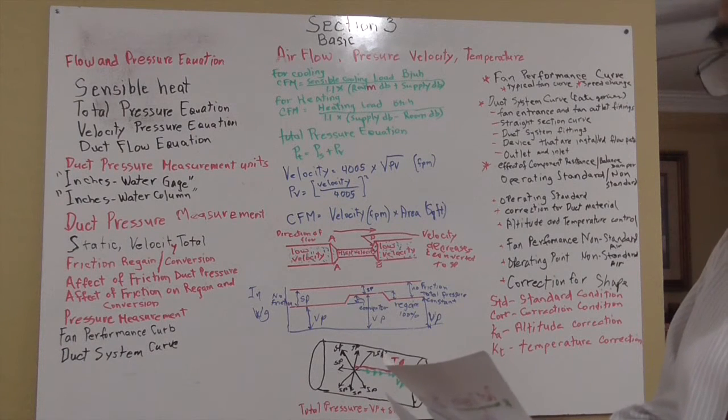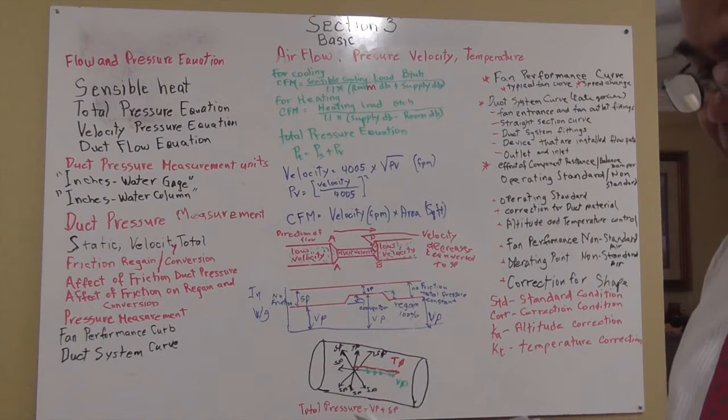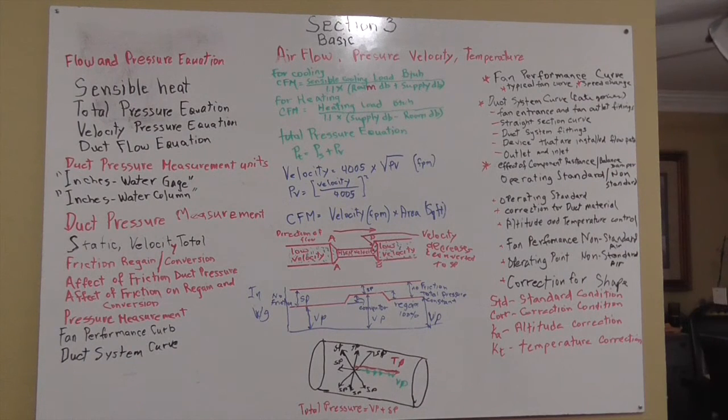Energy supplied to the fan motor is then transferred to the air in the duct. Potential energy is represented by static pressure in the duct. I showed you how to take that. Kinetic energy is represented by the velocity pressure of the air flowing through the duct.